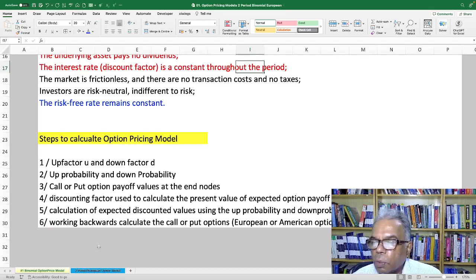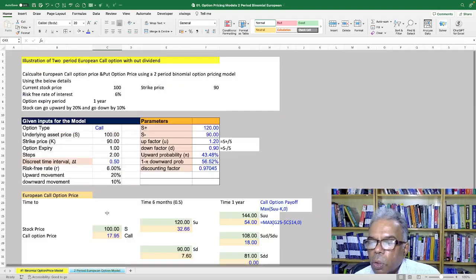Then, using the discounting rate, calculate the present value of the expected payoffs by working backwards. So let us quickly take an example of a two-period European call option and put option calculation.